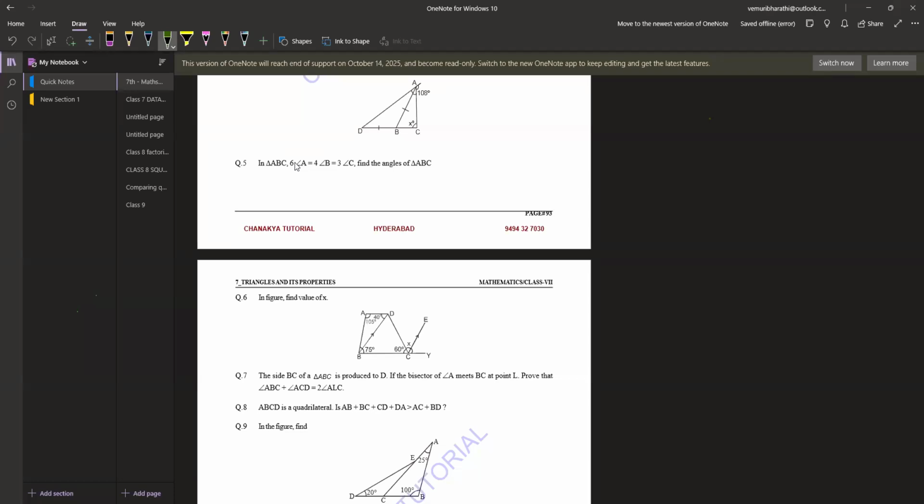Find the angles: 6 times angle A is the same as 4 times angle B, and it is the same as 3 times angle C. Find the angles. This is an open question to everyone. A really challenging question for you.